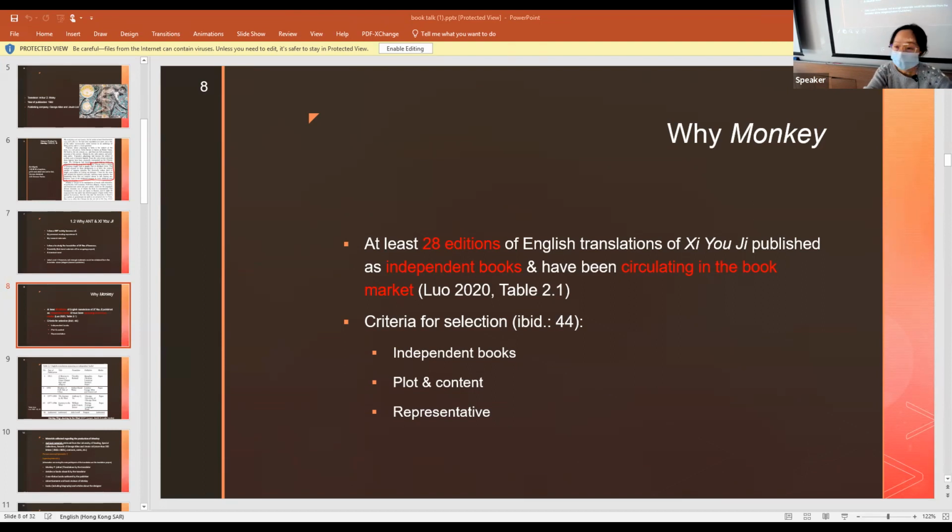And by that time, I was aware that for the systems approaches, though there were not many articles, there were at least two monographs on the systems approaches, which were Theo Hermans' Translation in Systems and Sergei Tyulenev's Applying Luhmann to Translation.